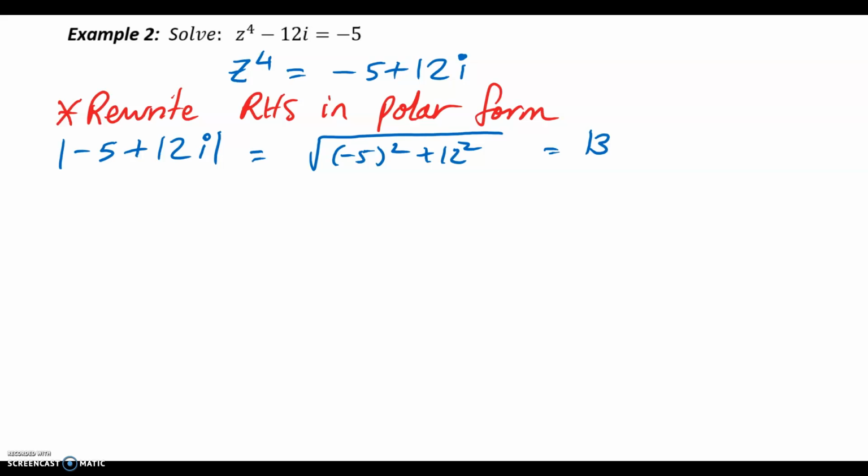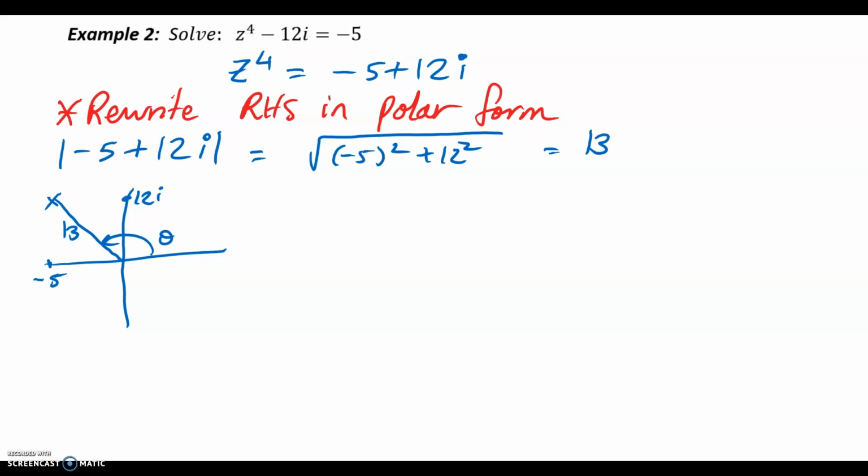To work out the argument, I would always recommend you sketch your complex number. So minus 5 on the real axis is over here, and 12i on the imaginary axis is over here. So this is our complex number. That's the angle we're looking for, and the radius is 13.